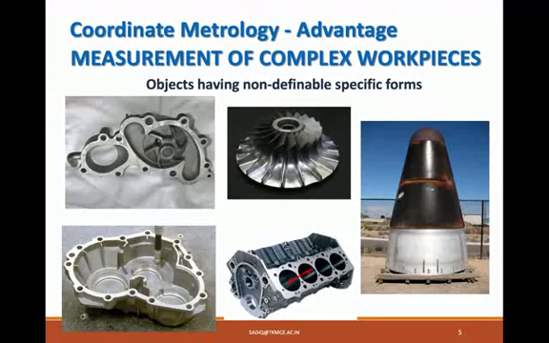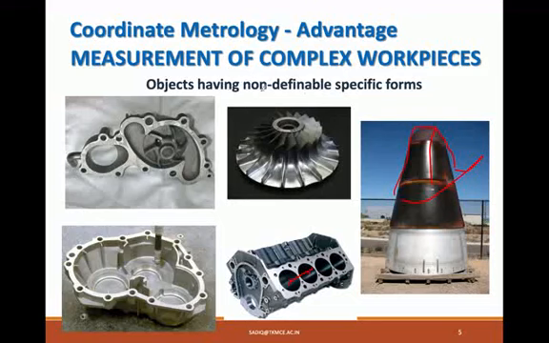Take the case of a warhead. It is actually very complex. It has one kind of curvature in this direction, another kind of curvature in this direction, and another radius in this direction. So we can use CMM for all these kinds of measurement purposes. Objects having very complex shapes can be measured by CMM.